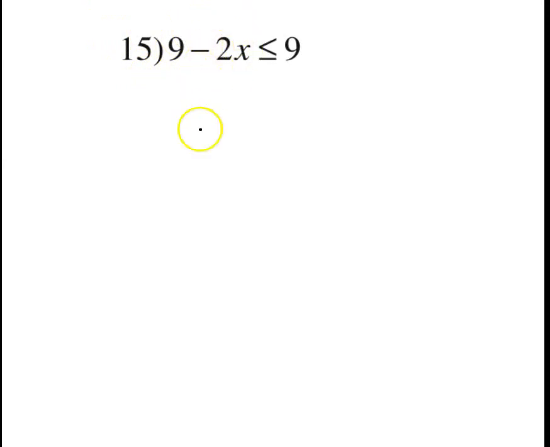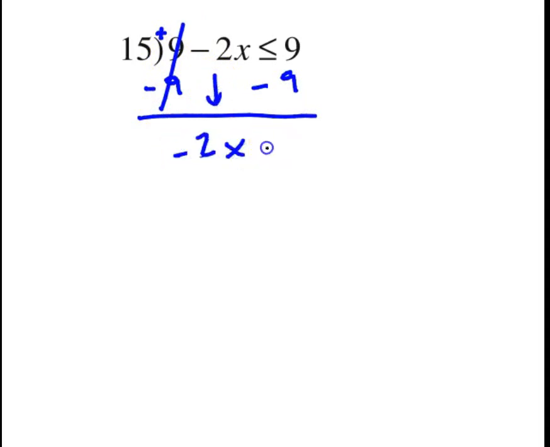So we got another two-step equation. So this is a positive 9. I'm going to start there by subtracting 9. Okay. So we have negative 2 times what gives us 0. Okay. Now before you go on, ask yourself, well, negative 2 times what is 0? And you'll probably come up with 0.